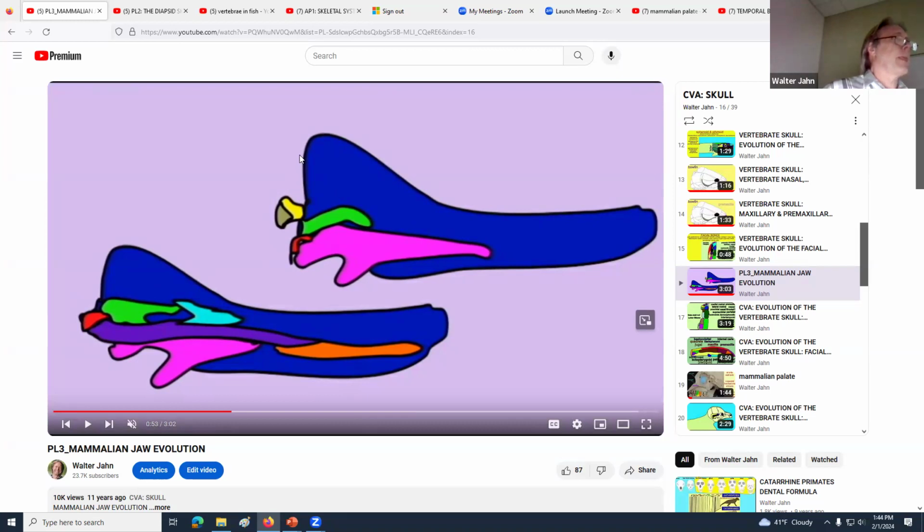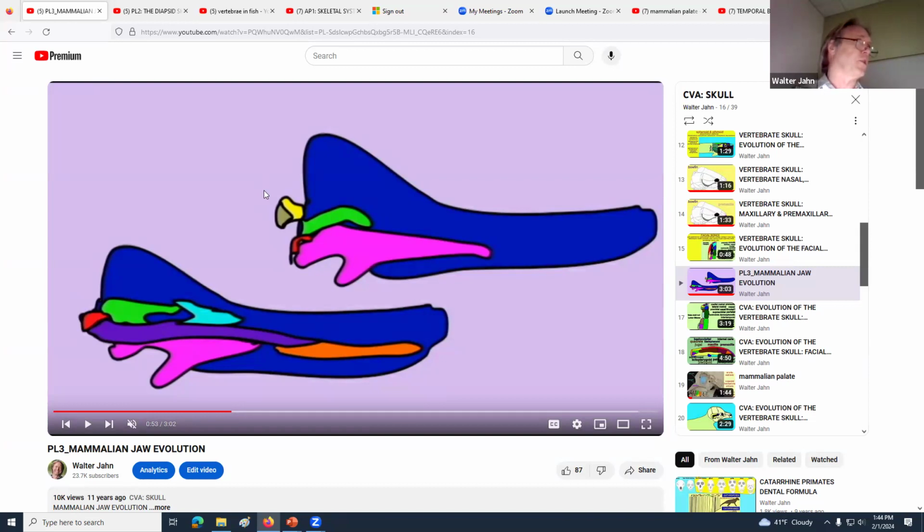So we have two jaw joints going on here. There's the yellow and red jaw joint. That's the old one that will be on its way out. But the blue bone touching the temporal bone directly, that's on its way in. So if you were to ask the question, and it's an interesting question, how does one evolve a new jaw joint? The answer is you go through a transitional phase where you have two, the one that's on its way out and the one that's on its way in.